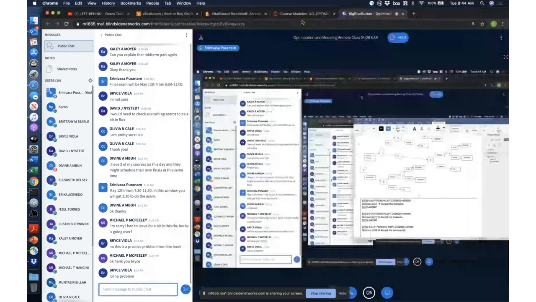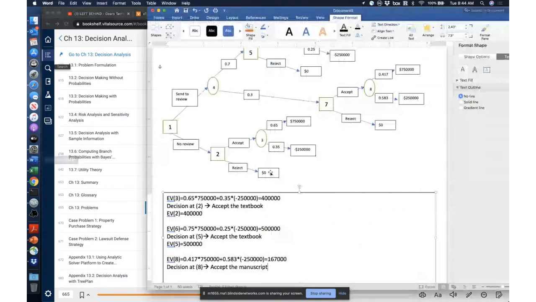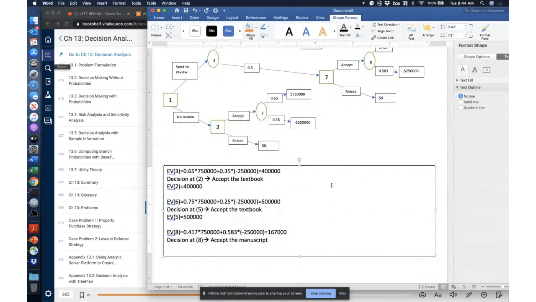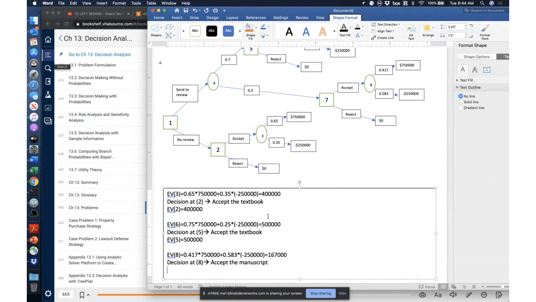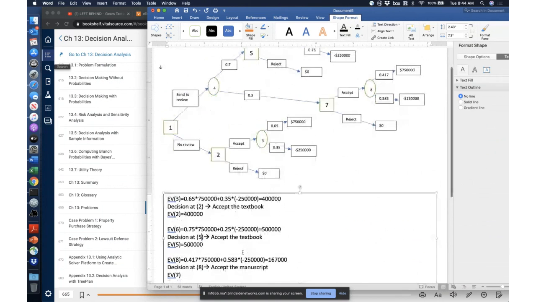Make sure that the numbers are all right. A loss of 250, 75, 25. Okay, and so the expected value at node 7, because you accepted the manuscript, should be, okay, this is the decision at 7, I'm sorry.